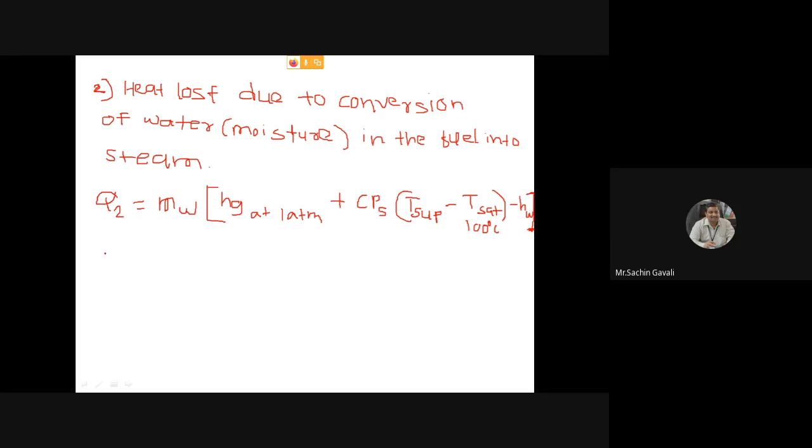Therefore this Q2 is the heat loss due to conversion of water, moisture present in the fuel, into steam. Which steam? It is generally converted into superheated steam.